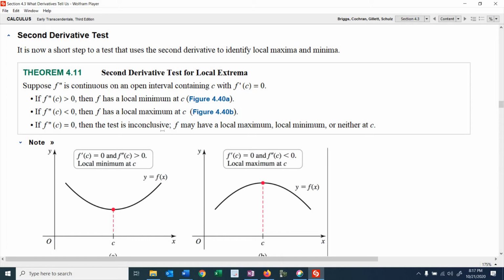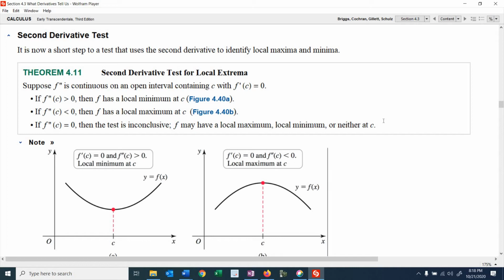And then the second limitation is even in those cases where the first derivative at c is equal to 0, it may be that when you plug the critical number into the second derivative, you actually get 0 out. In that case, the test is inconclusive and you cannot tell whether you have a local maximum or a local minimum or neither at c.